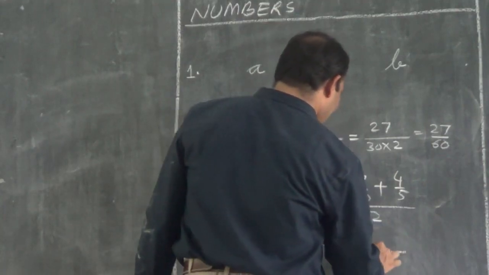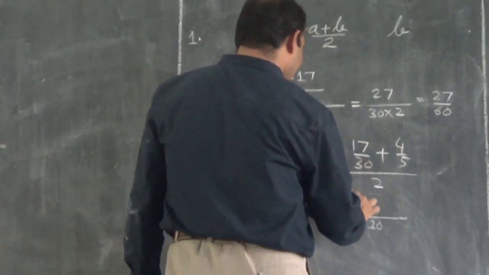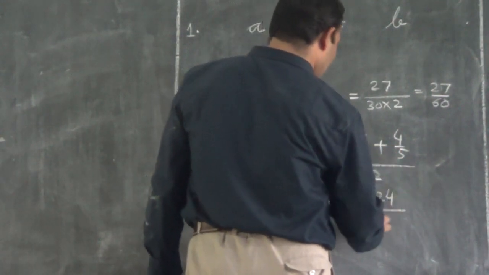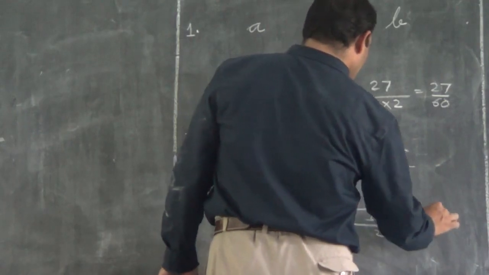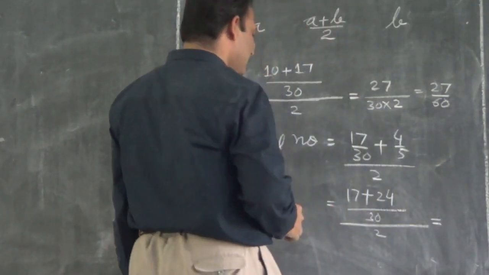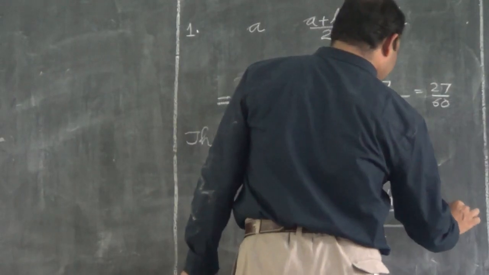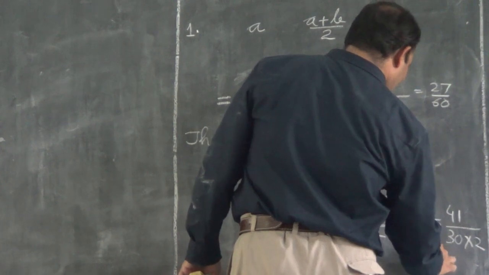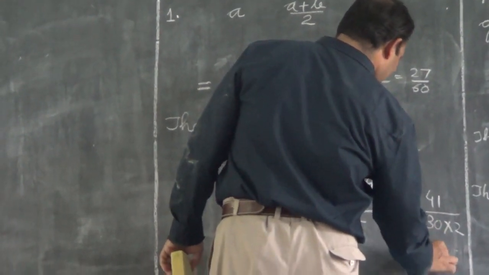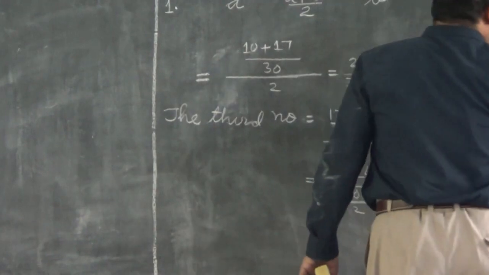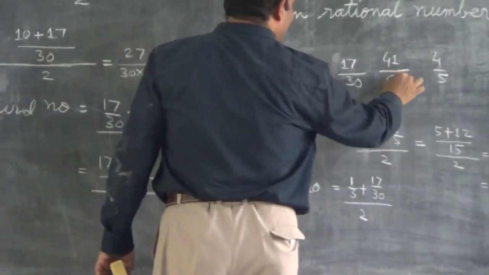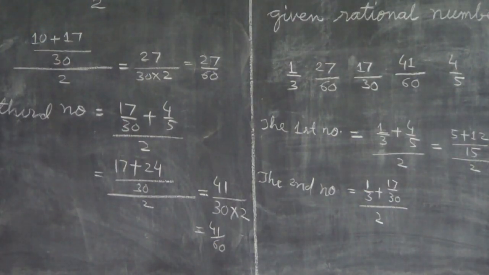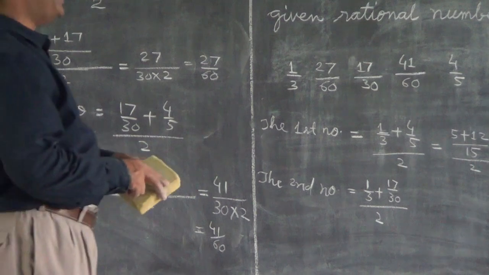LCM is again 30. 17, 5 6s are 30, then 6 4s are 24, divided by 2. 24 and 17 make 41, divided by 30 into 2, that is 41 by 60. So we got here 41 by 60. So we got the three rational numbers between 1 by 3 and 4 by 5.